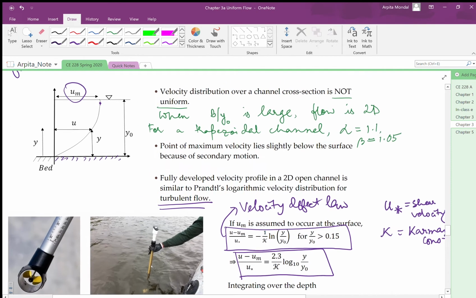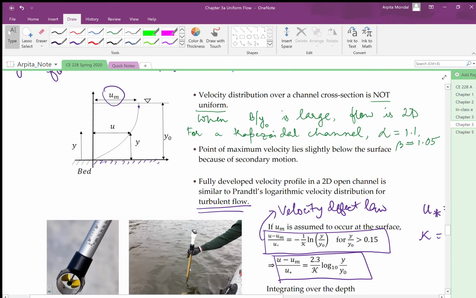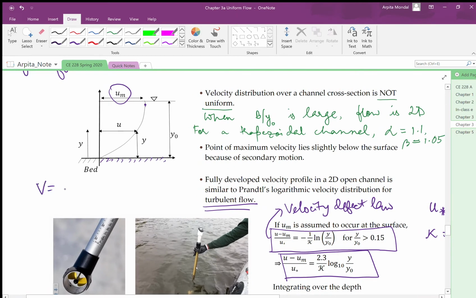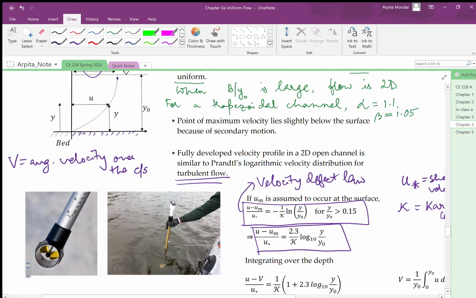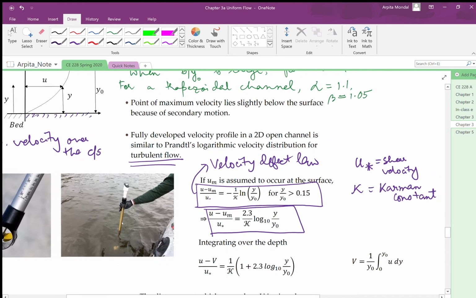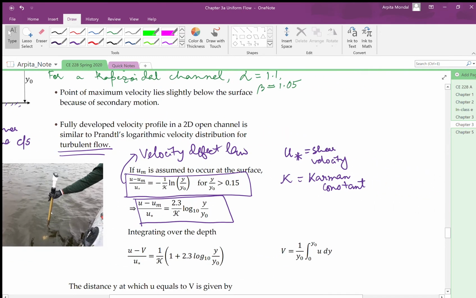Now remember, we are interested in the average velocity over the channel cross section. So we would want to get the expression in terms of the average velocity also, and the average velocity can be obtained by integrating this equation for any generic velocity at a depth y.